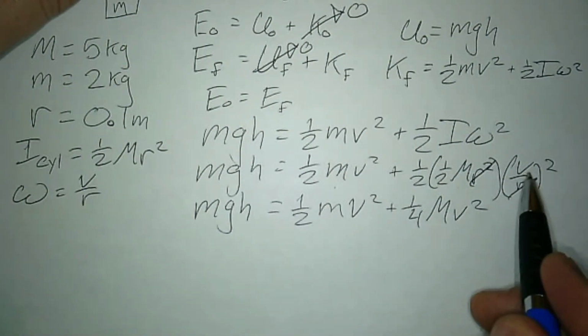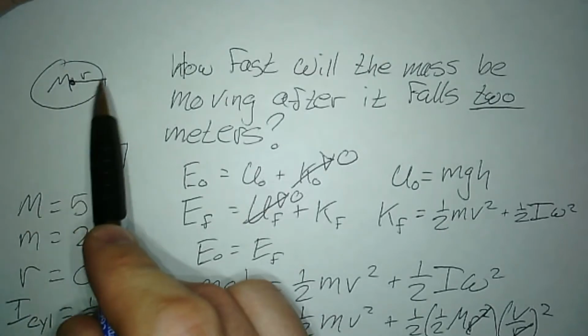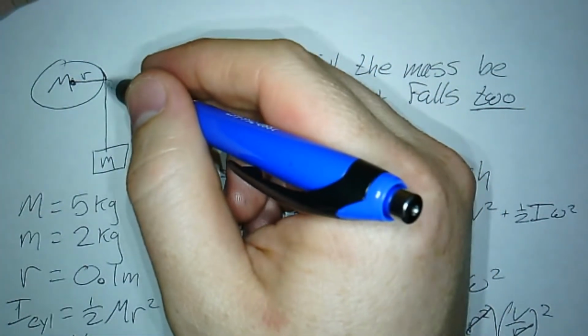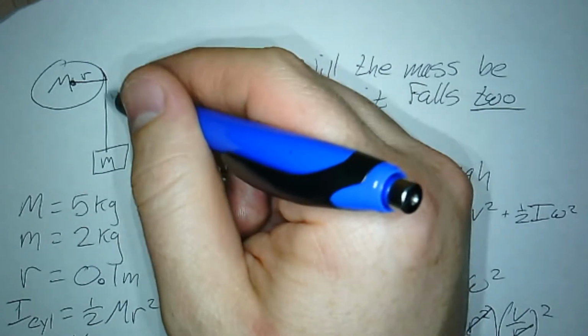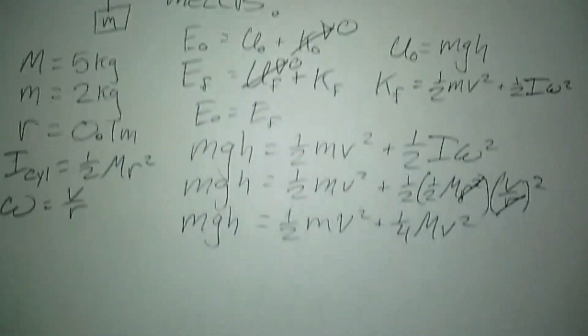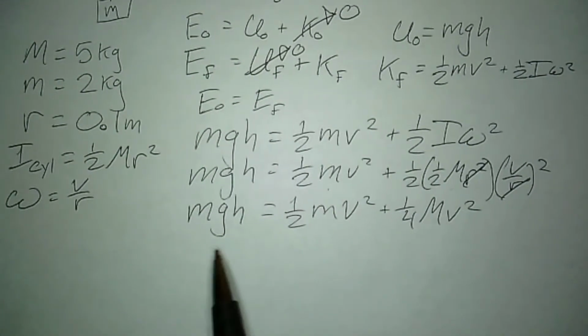And those are the same v because when my flywheel's turning, this is all wrapped around by this string, right? This string is going around the whole thing. So the outer edge of the flywheel has to be moving at the same speed the string is, and the string has to be moving at the same speed the block is, right?